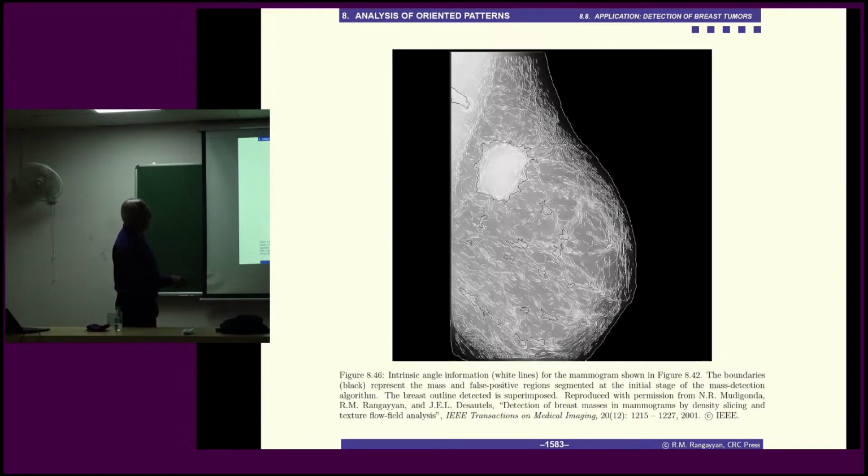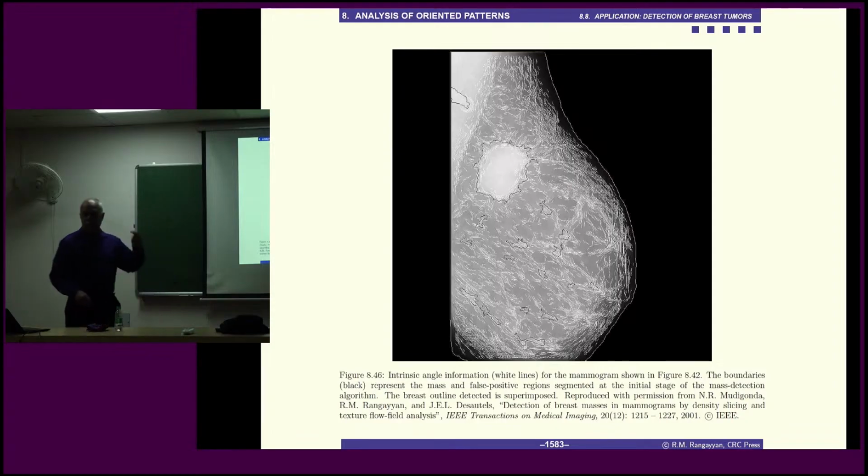There is an orientation pattern, there is an overall convergence. That is the oriented pattern that is present in the breast. The ducts, the ligaments, the milk ducts converge towards the nipple, of course, but all the supporting structures also converge that way. And that is shown by this intrinsic angle map.